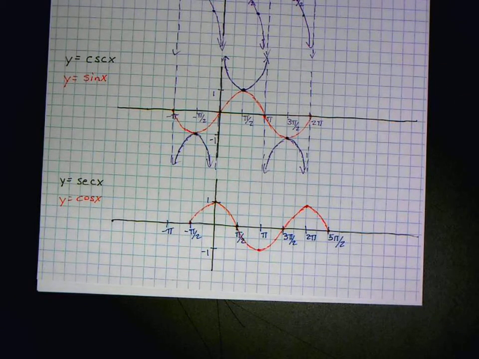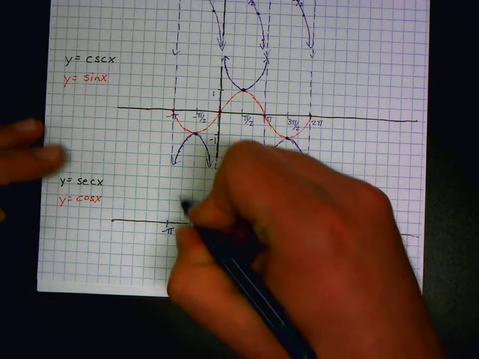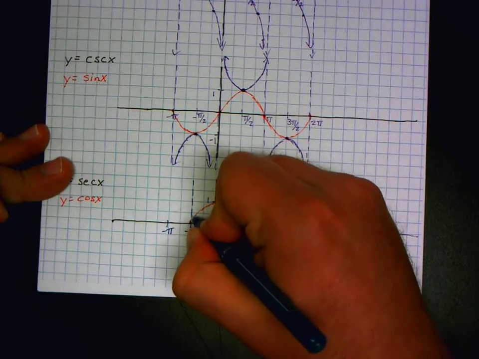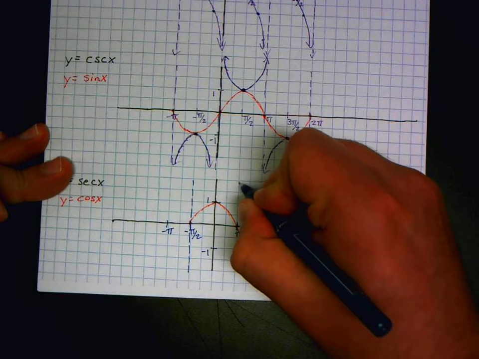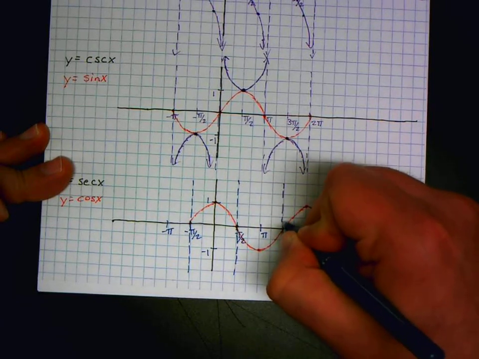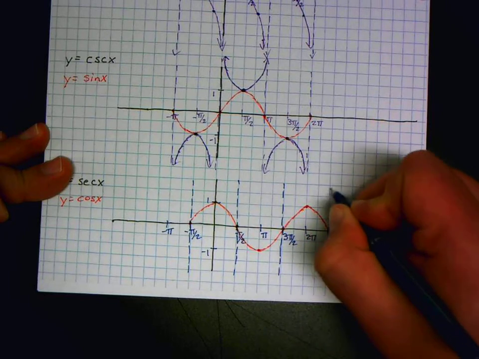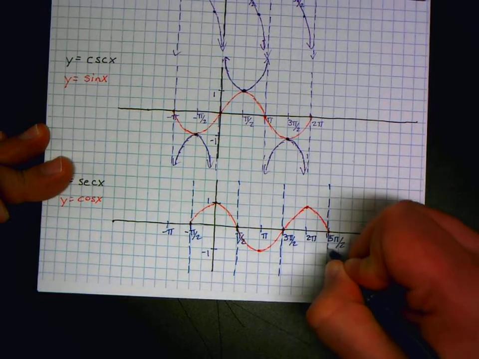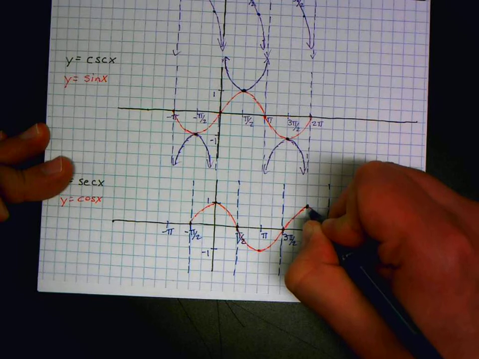Okay, so I can do that. And then again, every place where I have a 0 becomes an asymptote. Every place I have a 1 or a -1 stays the same.